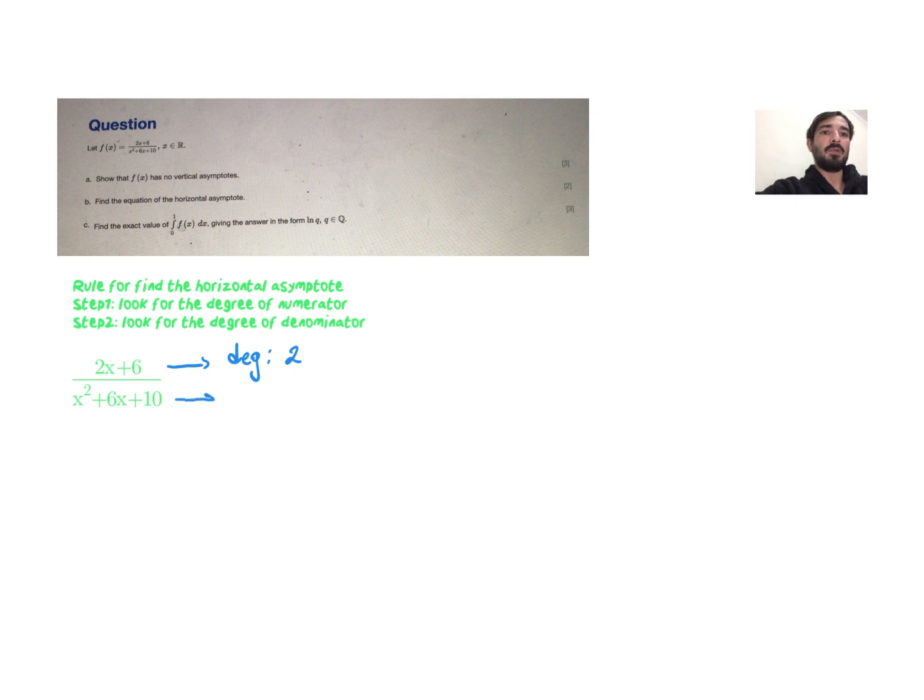The degree of the denominator is, I'm sorry, here it is 1, because I'm looking for the highest power. So the degree here is 1, and over here the degree of the highest power is 2.